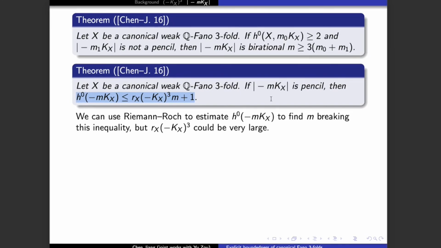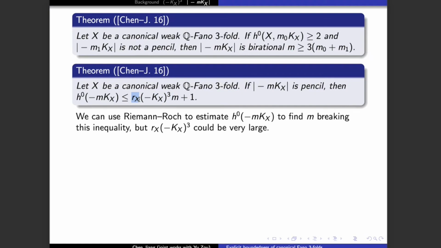The geometry inequality says that if this linear system is composed of a pencil, then the H0 of minus mk is bounded from above by this linear form. The linear form is like Rx times the volume times m plus 1. Here Rx means the Grunstein index of X.